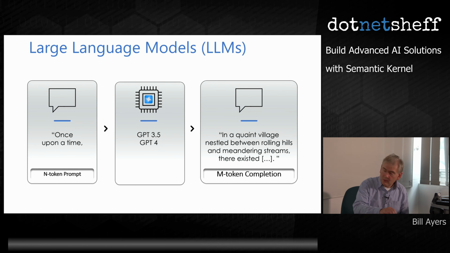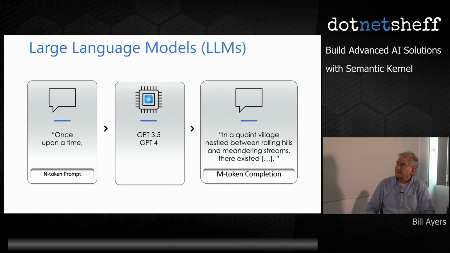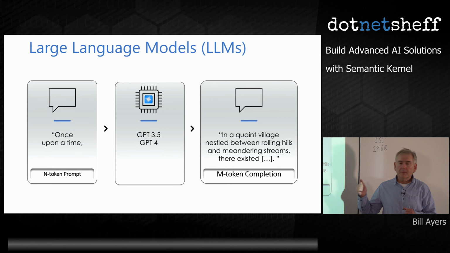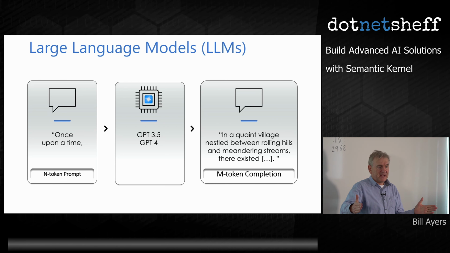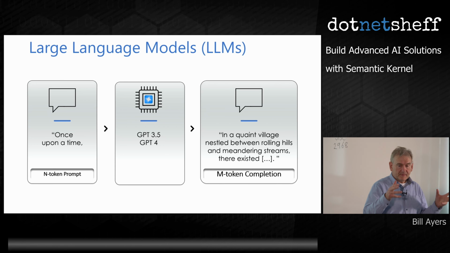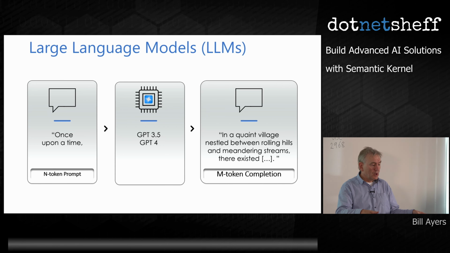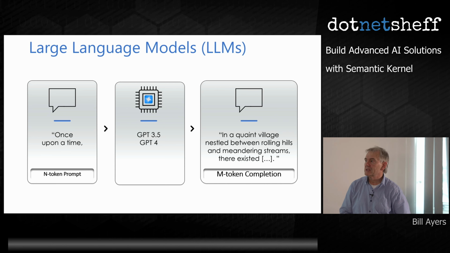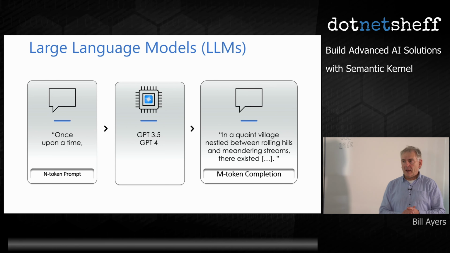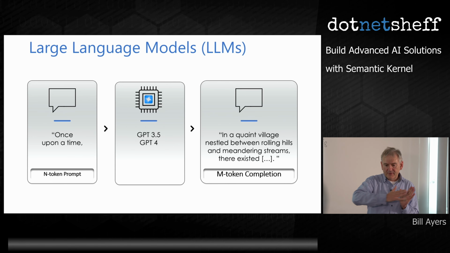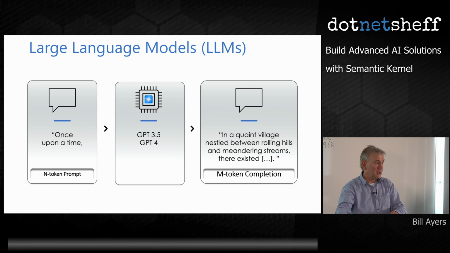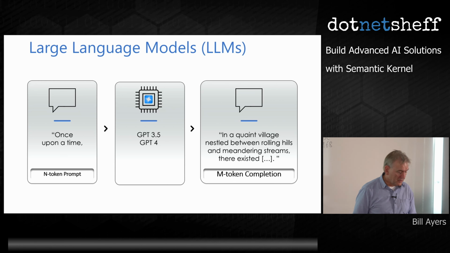So these large language models, all they do essentially is completions. You give it a string of text, and the underlying large language model, sometimes called foundational models because they underlie a chat system, for example, or a chatbot, will try and predict what the next token will be, which might be a whole word or a fraction of a word.